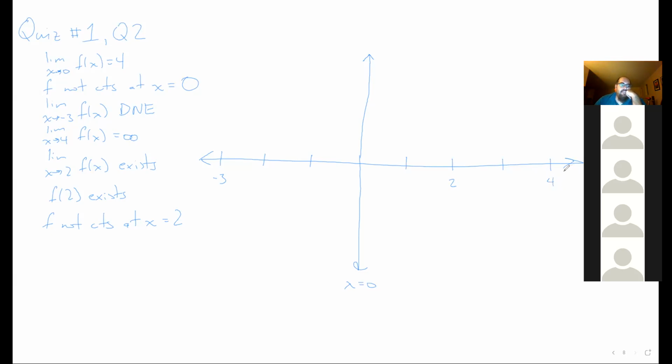I know that the limit as x approaches 0 of the function is equal to 4, right? Right. So I know that this function has to do something like that.